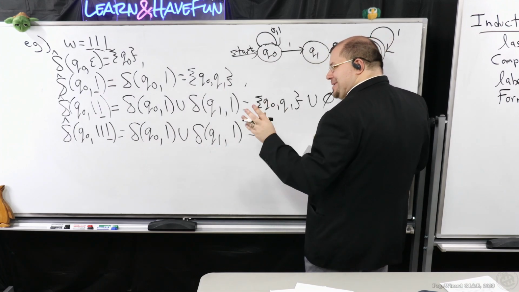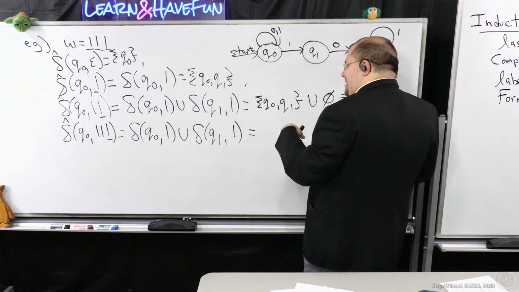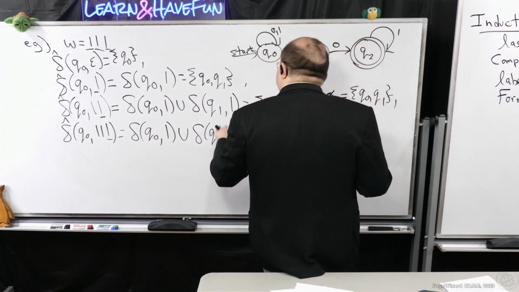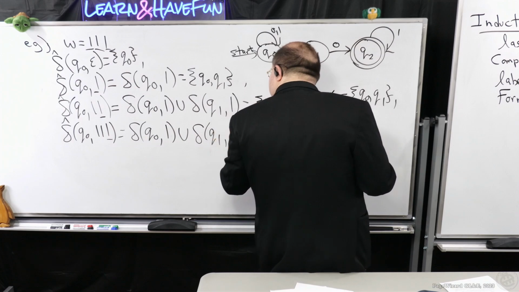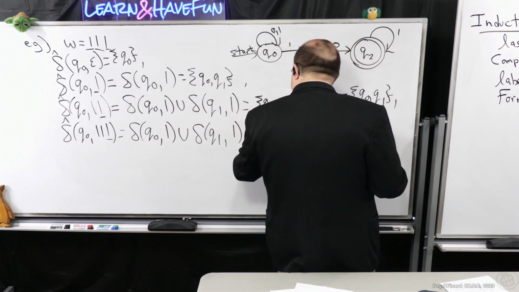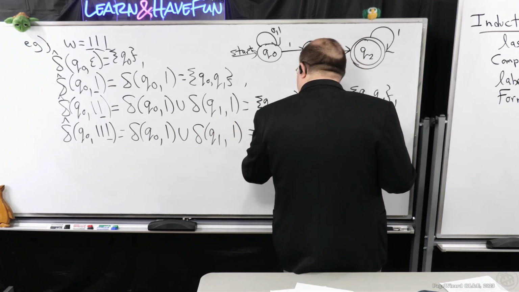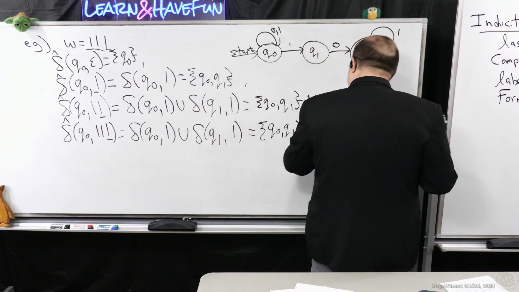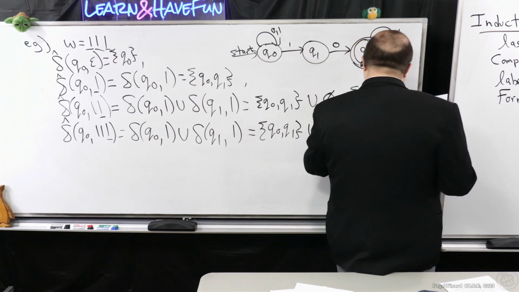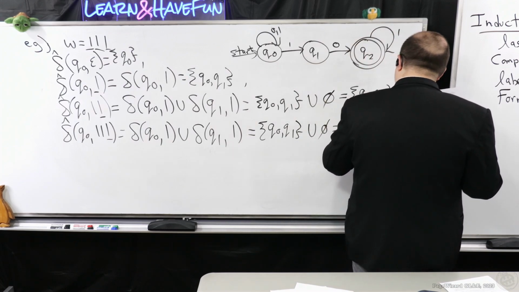And there's an actual really nice property that's happening here, by the way, with why we put this loop here at the beginning, the self loop. But notice here that, again, we'll get Q0, Q1, union the empty set, which ends up being, again, Q0, Q1.